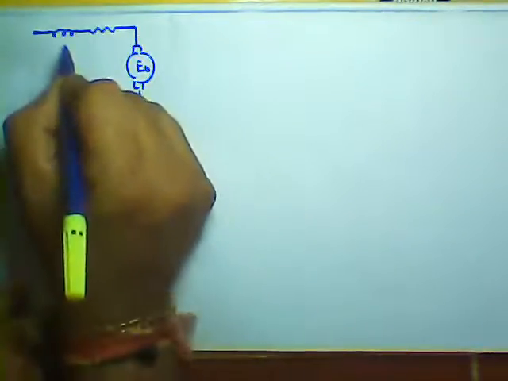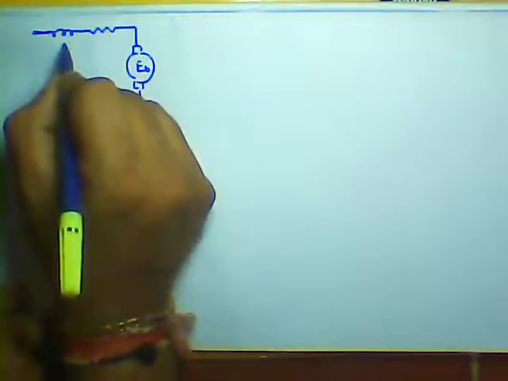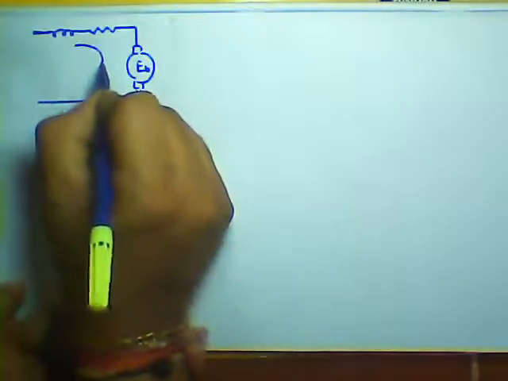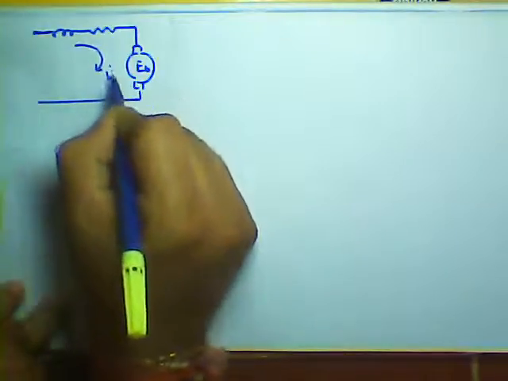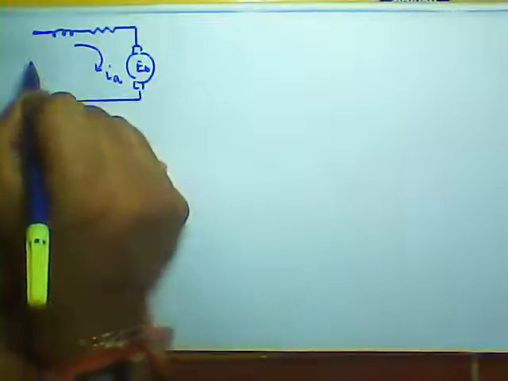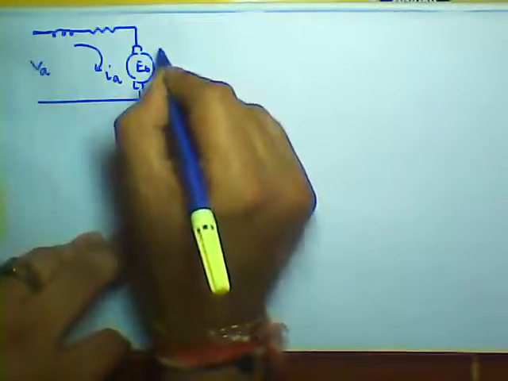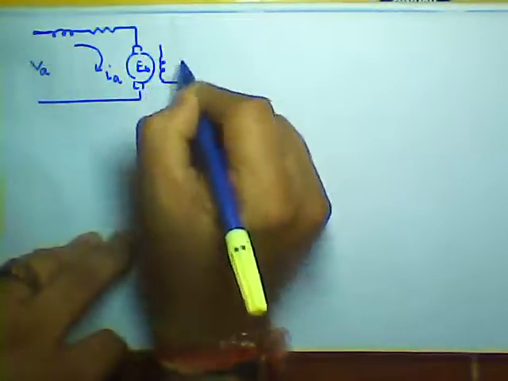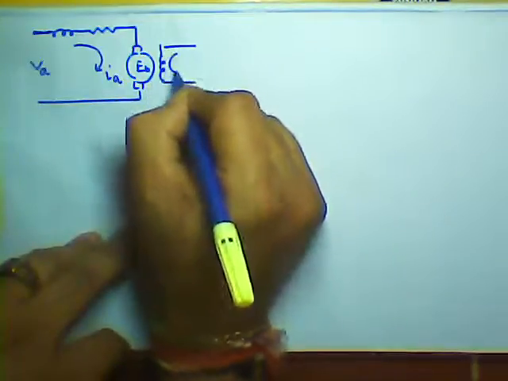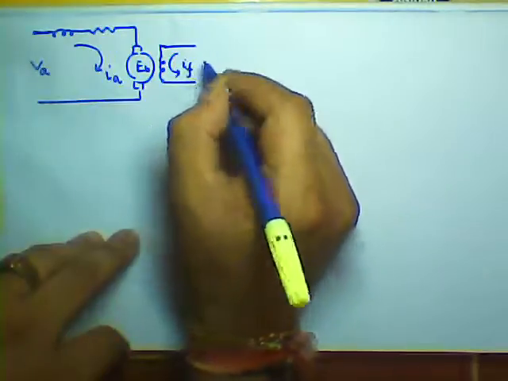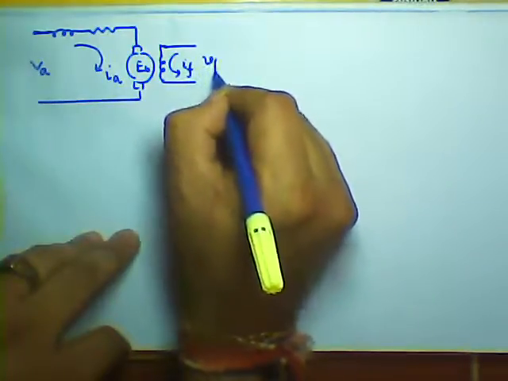This is the armature inductance and armature resistance, and the current flowing through the armature is the instantaneous IA, and here you are applying VA or VT. And this is your field circuit, where your field current is flowing.